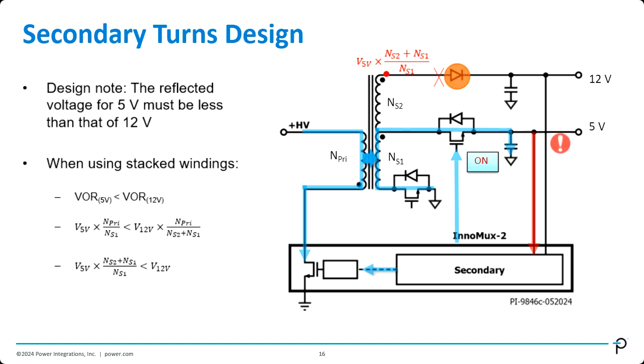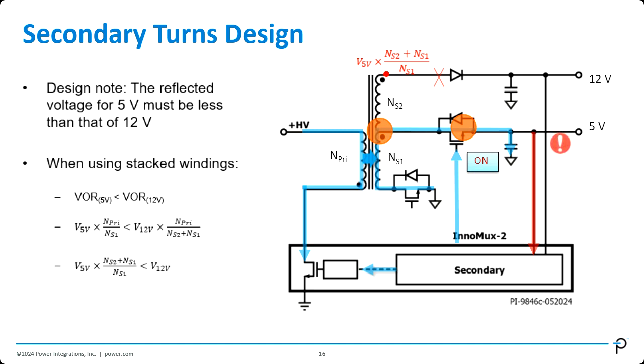That means I need this diode to be reverse biased. That means the voltage being induced on this node needs to stay below 12 volt if I ignore this forward voltage here. So what is the voltage being induced here? That would be the voltage over here. For example, if I ignore the voltage drop across this MOSFET, then the voltage here would be 5 volts.